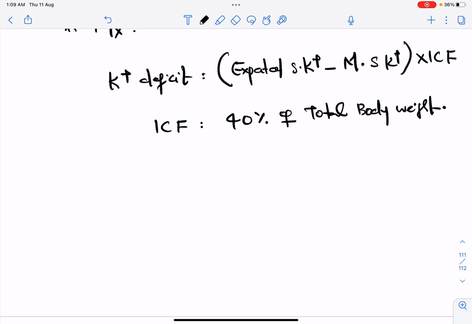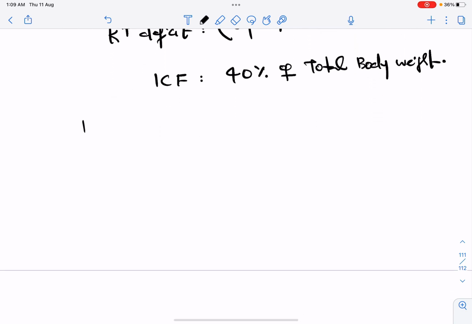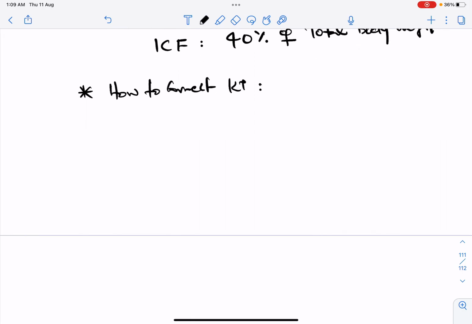Okay, now how to correct potassium. Usually for a serum potassium value of 3 to 3.5, oral correction is sufficient.